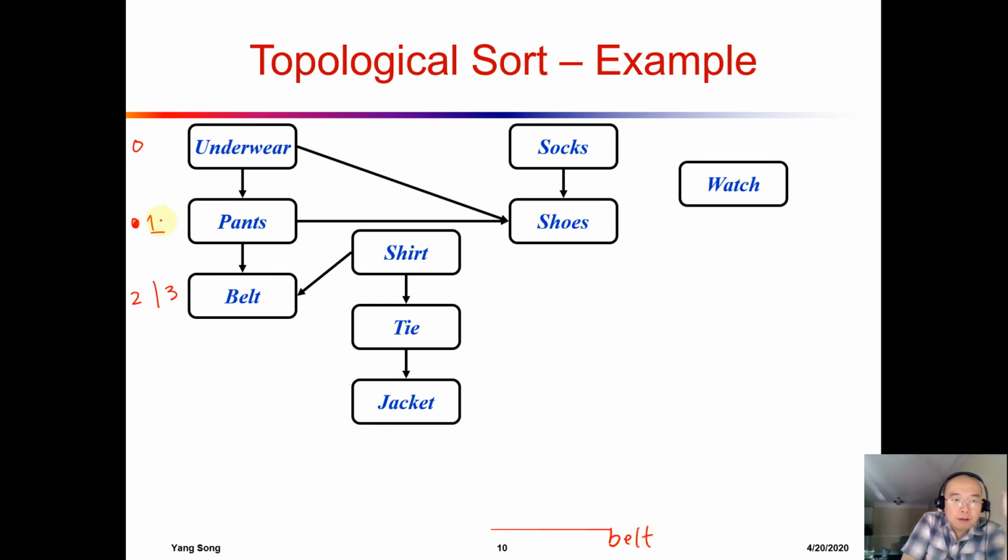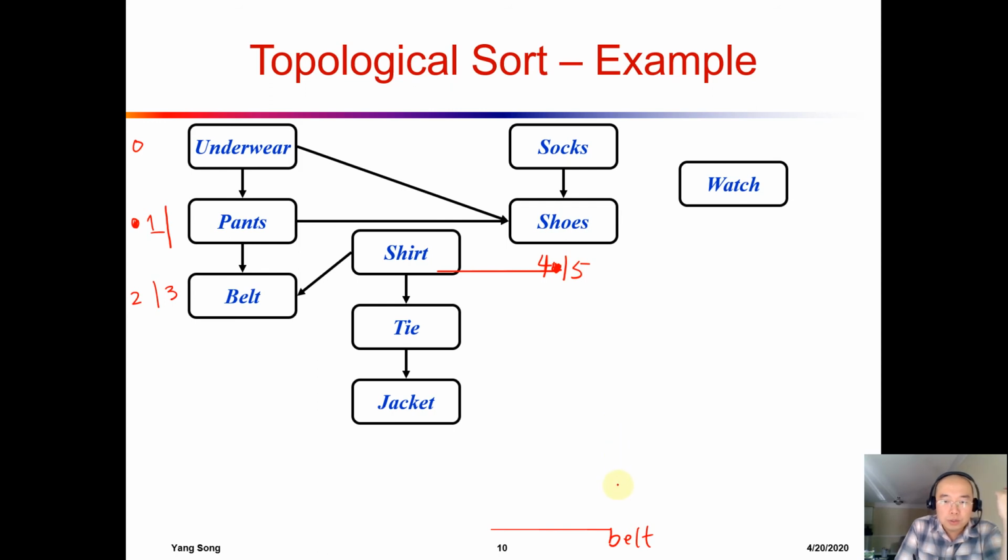And then after that, the next part I can do is the pants. For the pants, I can move on to the shoes. So here the shoes will be, oops, it should be time 4 here. And then from the shoes it can go nowhere, so I have to put a 5 here.